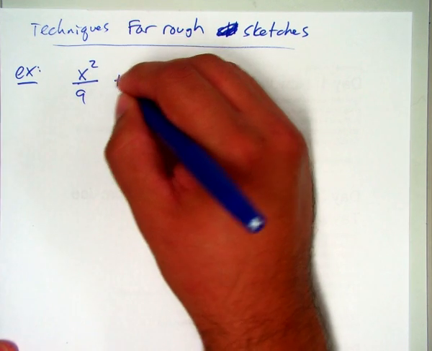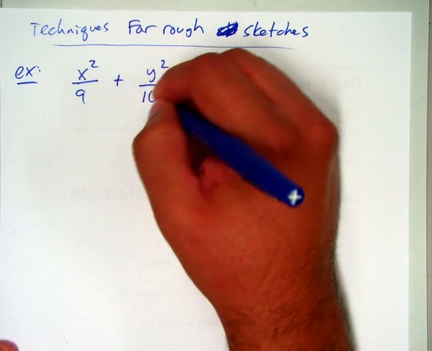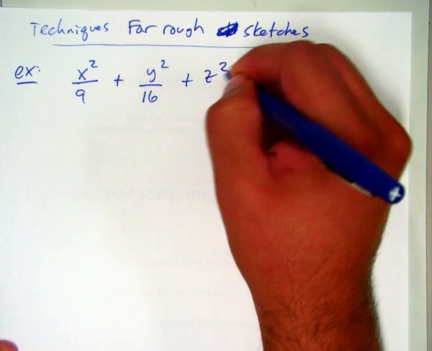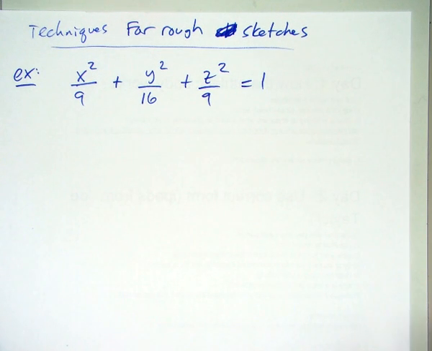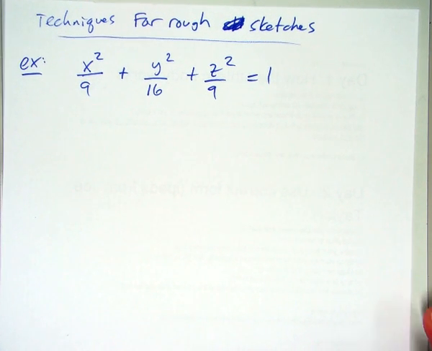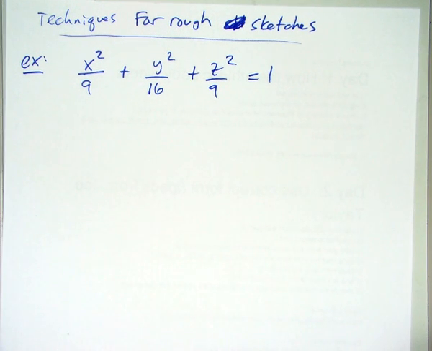If we have x squared over 9 plus y squared over 16 plus z squared over 9 equals 1, if you can recognize what shape this is, then you can probably sketch it pretty quickly. Anybody know what it is?